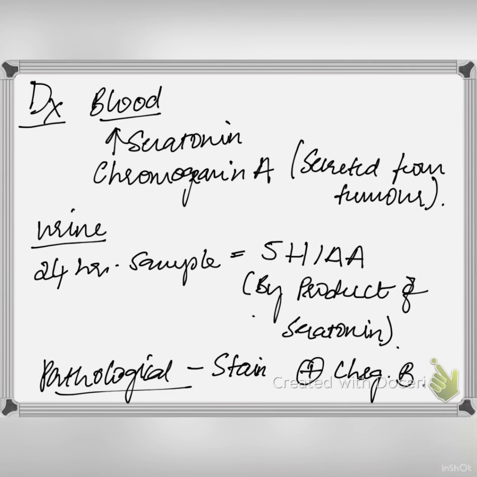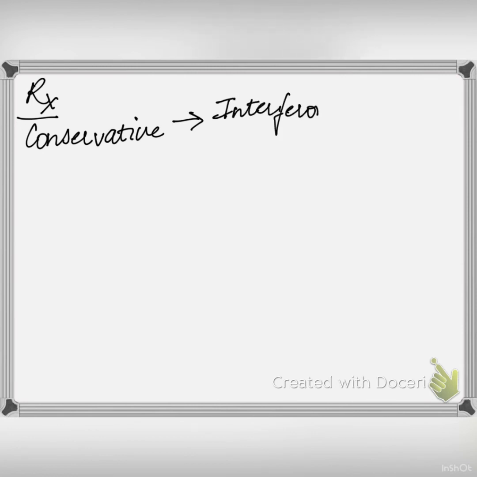Alright, now let us come to the treatment part. For any tumor, we first do conservative management, and if it doesn't get cured, then we go to surgery or radio-chemotherapy. So first, conservative. What do we use here? We use interferon alpha, then everolimus, sunitinib.